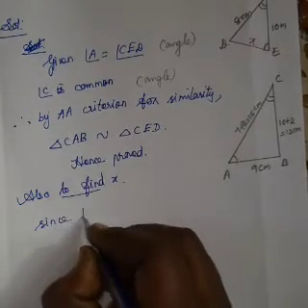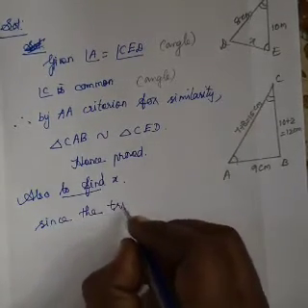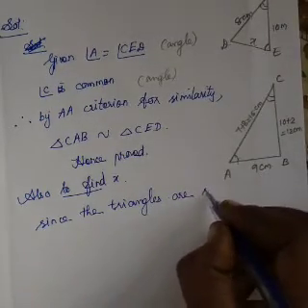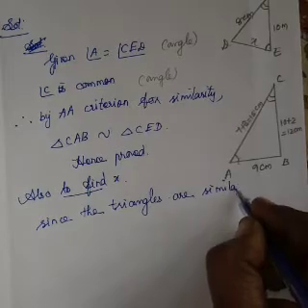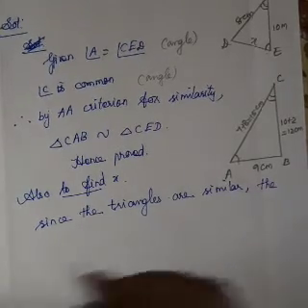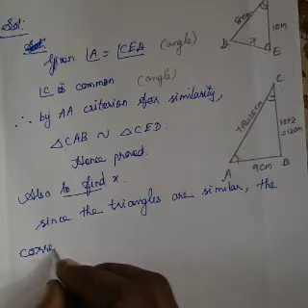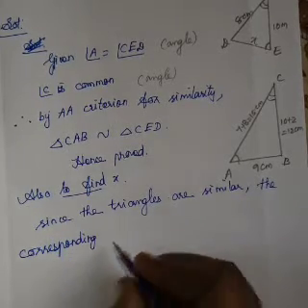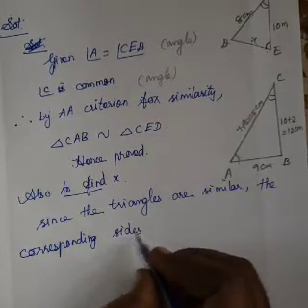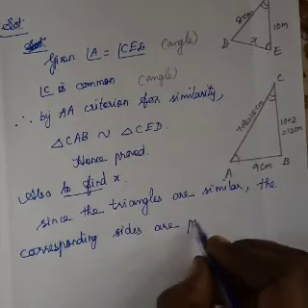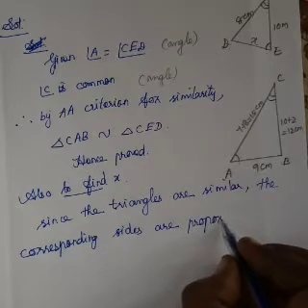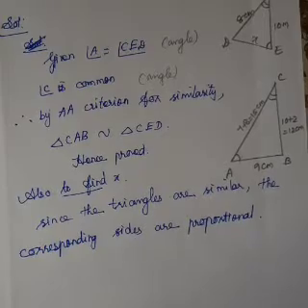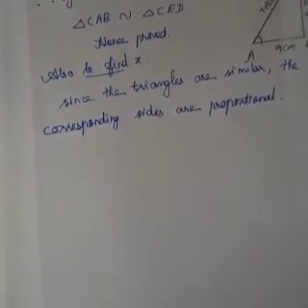Since the triangles are similar, the corresponding sides are proportional. Okay, the corresponding sides are proportional. That means the ratios are equal.